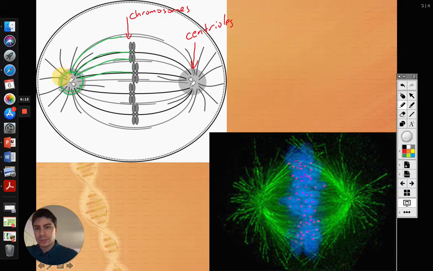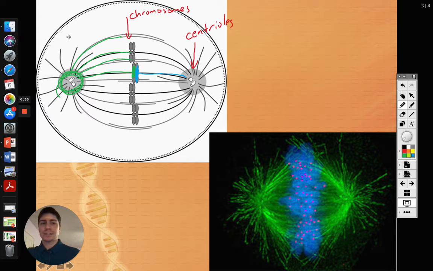Now, these ones over here are going to attach to these sister chromatids on this side. And if I do the other ones a different color, these ones on this side are going to attach to this sister chromatid on this side, okay? It doesn't matter which one they attach to, they'll just attach the one that's closer to them.